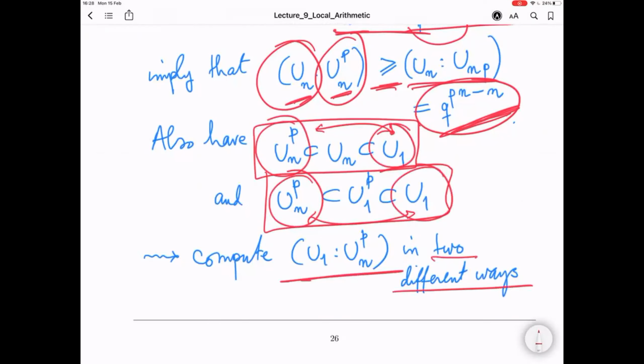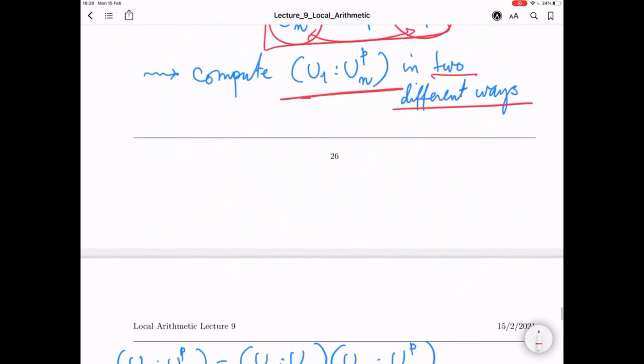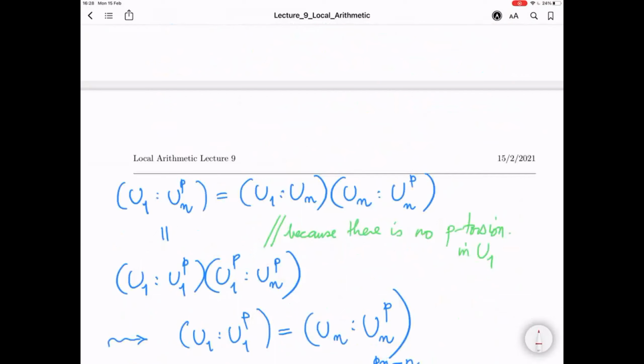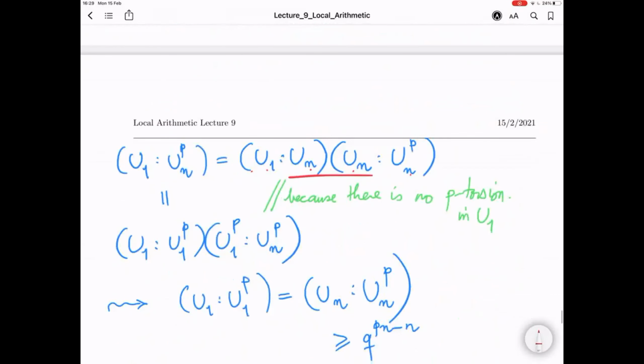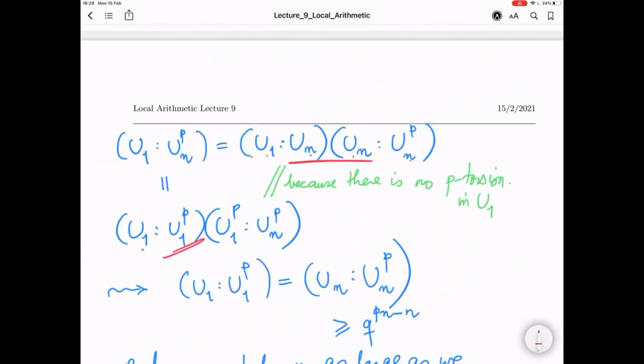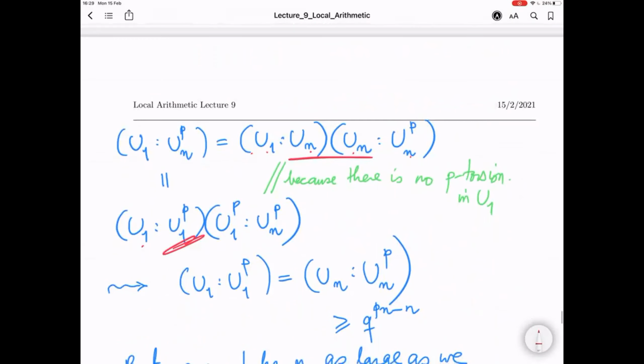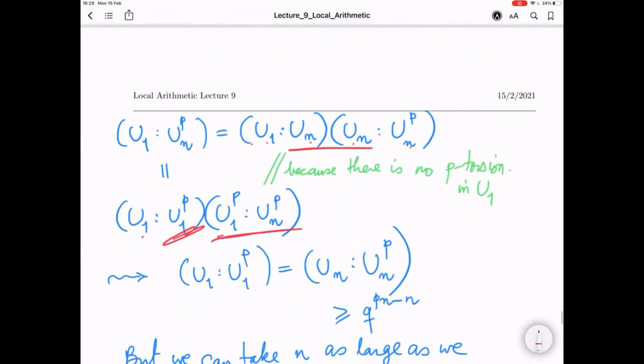The first way is using the fact that the intermediate thing is Un. So it's going to be the index of Un in U1 times the index of Un to the p in Un. And the second way is that it's going to be the index of U1 to the power p in U1 times the index of Un to the power p in U1 to the power p.